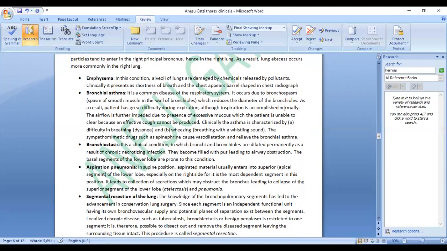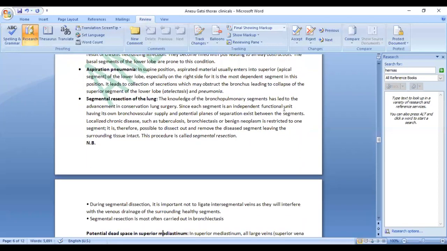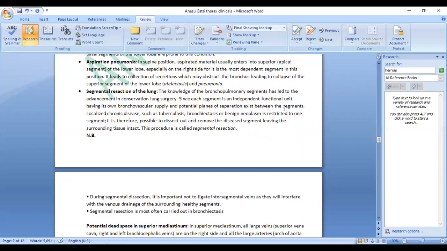Then segmental resection of the lungs is achievable because the bronchopulmonary segments divide your lungs into about 10 on the right and 8 on the left, so you can conserve certain structures.